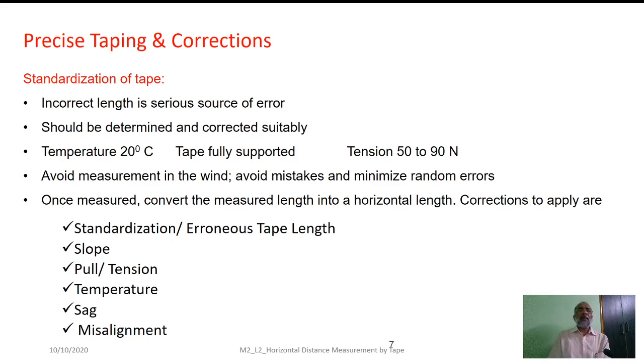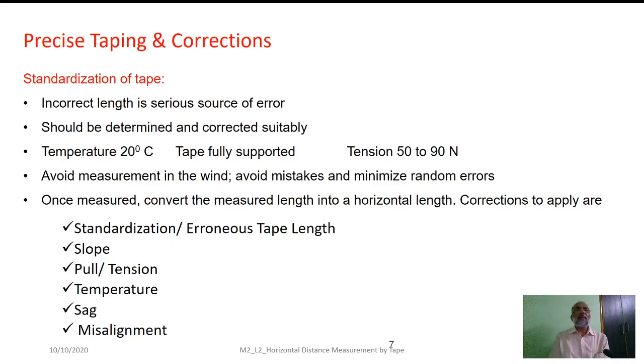When we think of taping, the surveyor must think about obtaining the results with high accuracy. That is, the degree of accuracy should always be high. Hence, the standardization of the tape is important as far as surveying measurements are concerned.